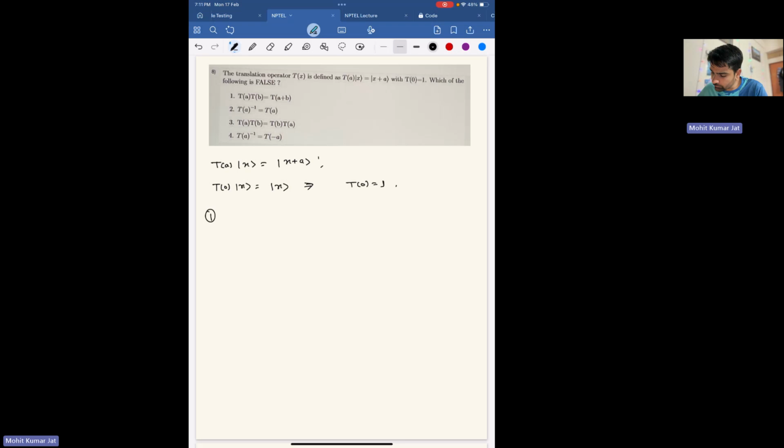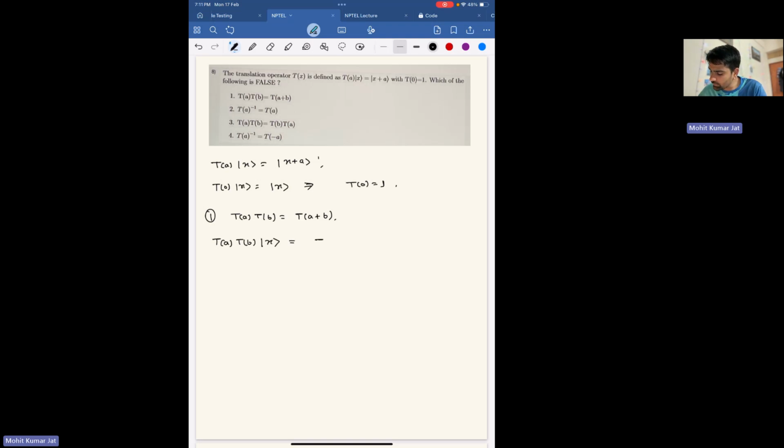Let's start with the first one: TB is equal to TA plus B. So we'll have to verify it. How do we do it? Let's operate TB on a function, just operate it on x.